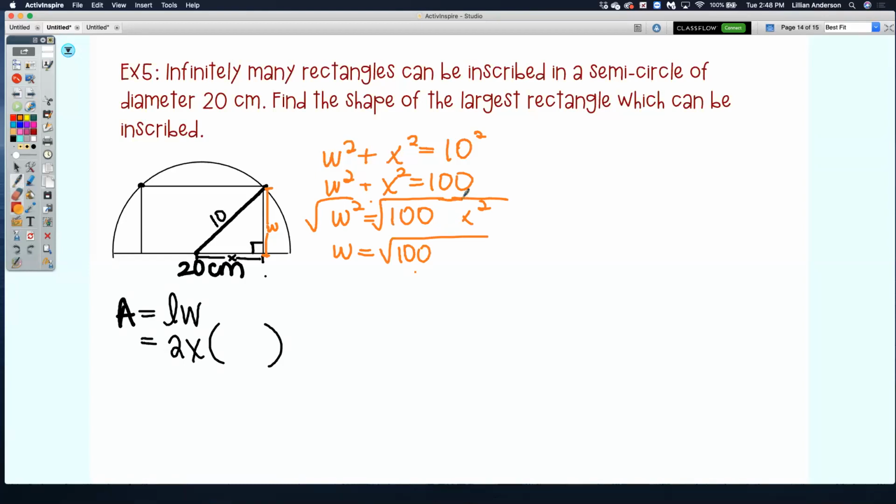Now we're able to actually substitute that in for our width. And now it's in terms of one variable. There's my equation, my formula that I'll need to optimize.